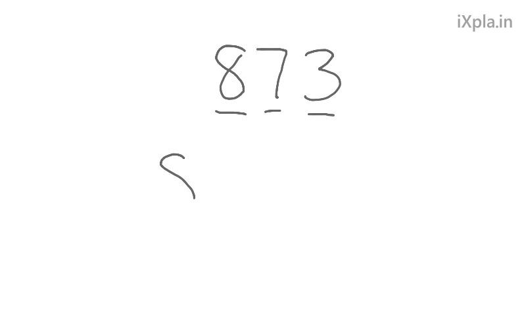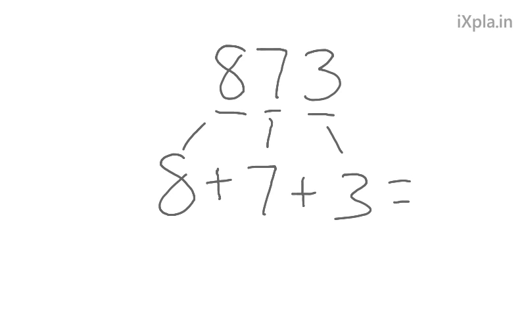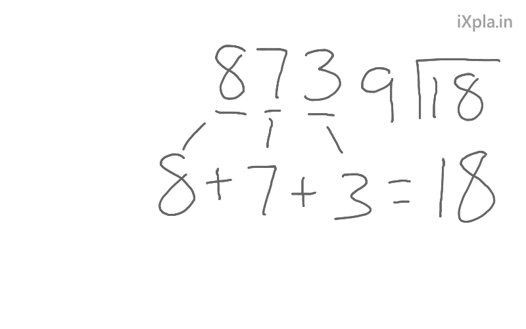So what we've done is we've taken the 8 plus the 7 plus the 3, and that gave us 18. Does 9 go into 18 evenly? Yes, it does without a remainder. Now, this 2 doesn't matter, but it just tells us it goes in evenly. And so that circle at the bottom, you need to go ahead and fill it in.